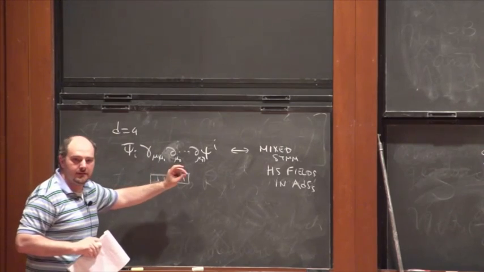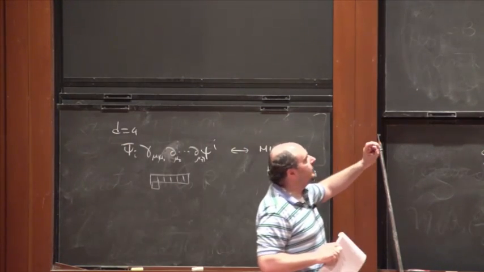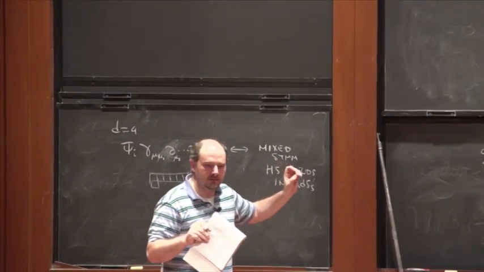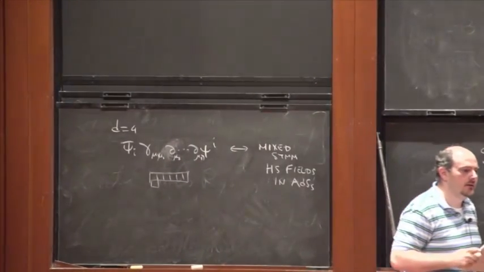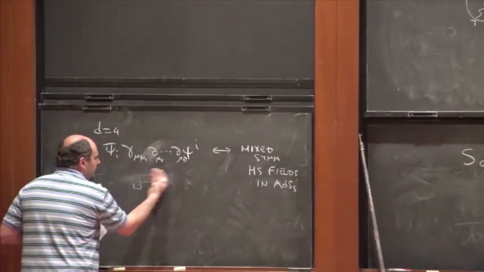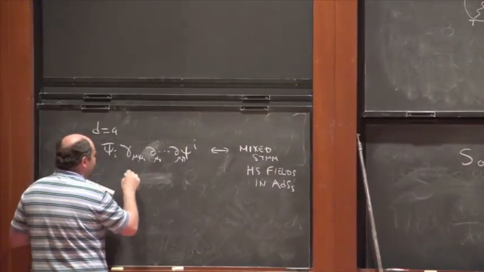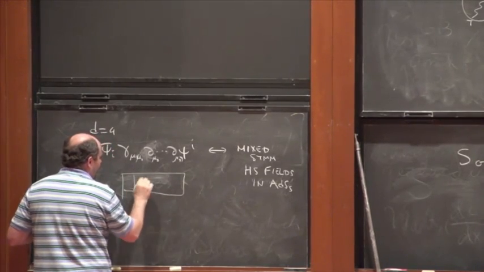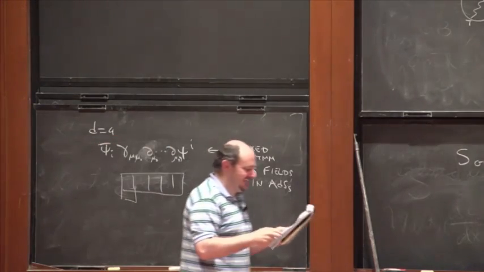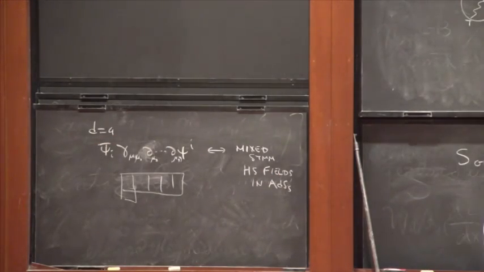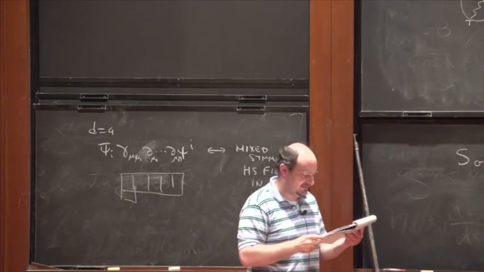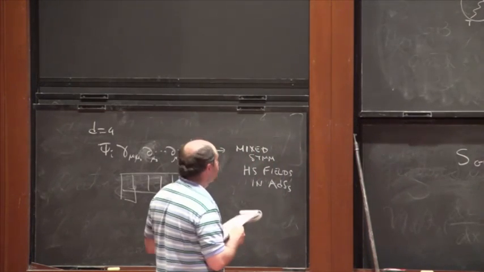It corresponds to this Young tableau, while the simplest type of higher spin fields are the ones which are totally symmetric.